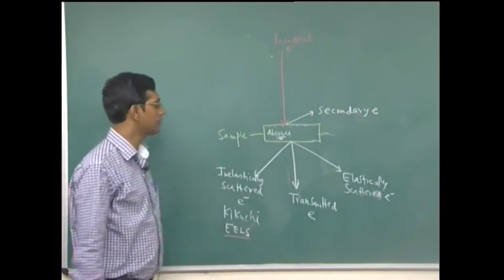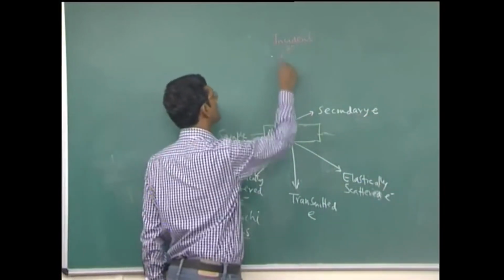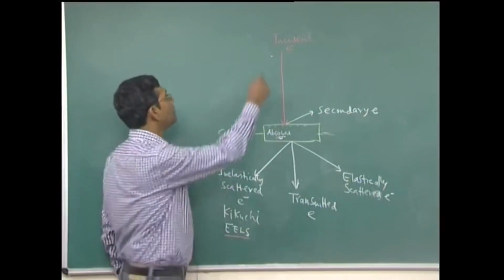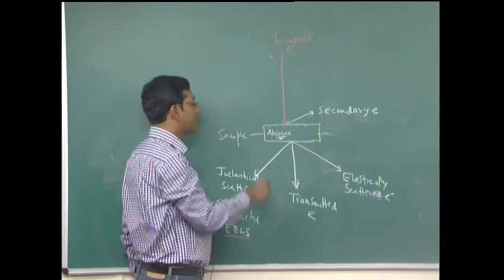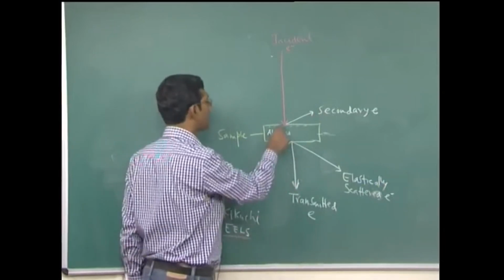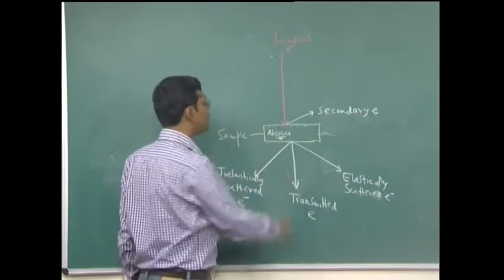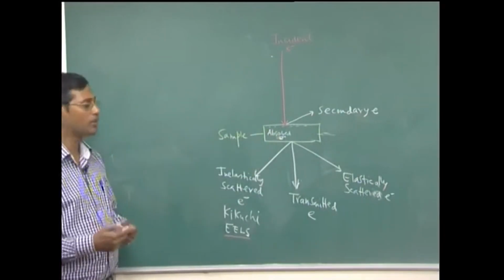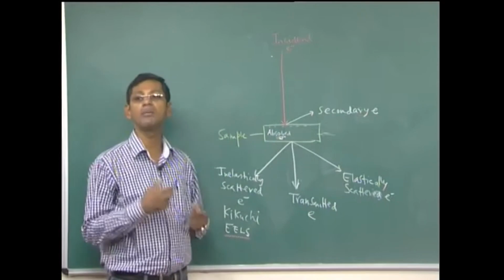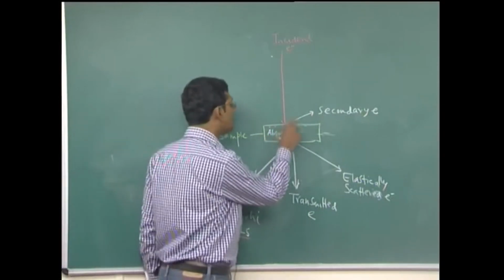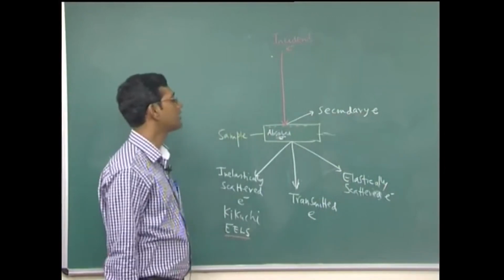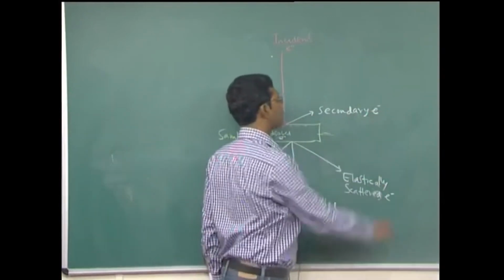These electrons are generated because the incident beam electron has very high energy. Once these electrons fall on the sample, they can eject some of the electrons from the outer shells of the sample, and because these ejected electrons have low energy, they just come out from the surface and are called secondary electrons.